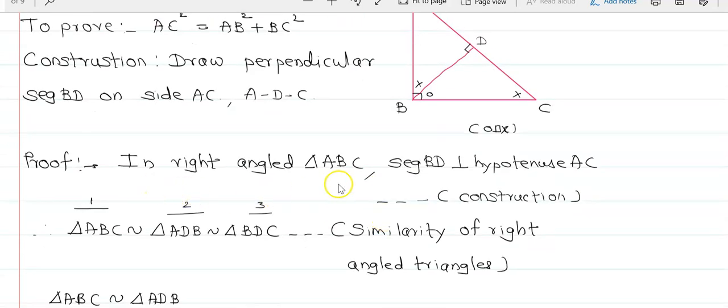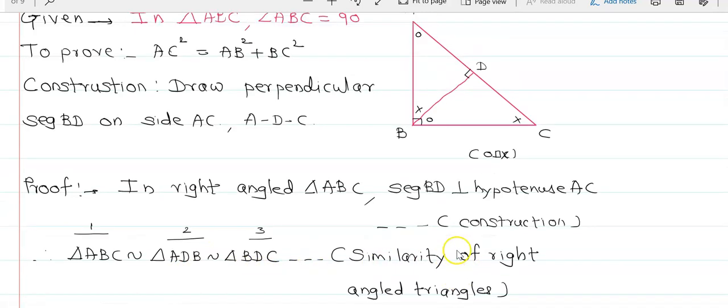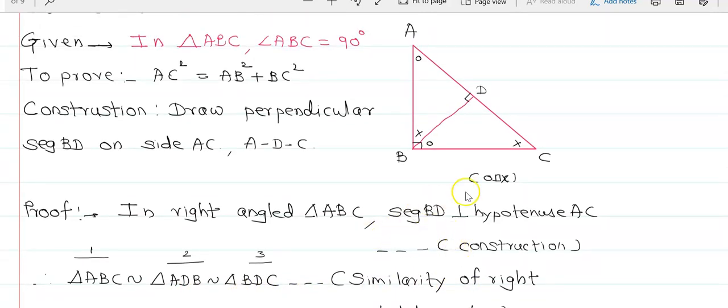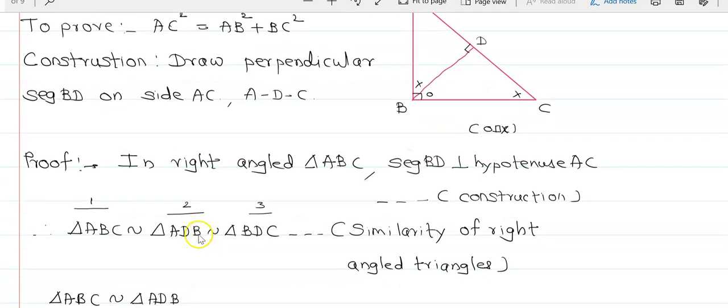In a right angle triangle ABC, BD is perpendicular to the hypotenuse AC. ABC is similar to ADB is similar to BDC. That is the similarity of right angle triangles. My sequence is like this: small circle, 90 degree and the cross, small circle, 90 degree and the cross. In this sequence, you can take the names of the triangles, then you will get the correct answer.